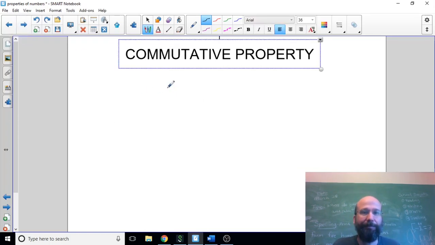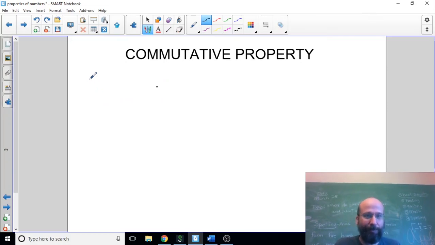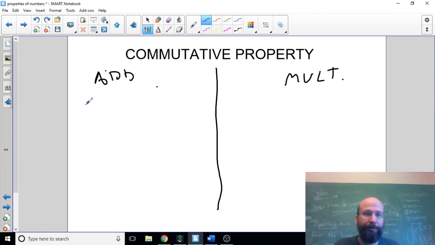So next we have the commutative property. Again, there's one for commutative property for addition, and there's a commutative property for multiplication. So the commutative property just says that if you change the order, the result is the same.